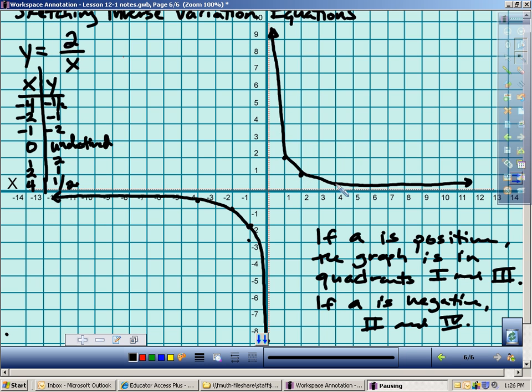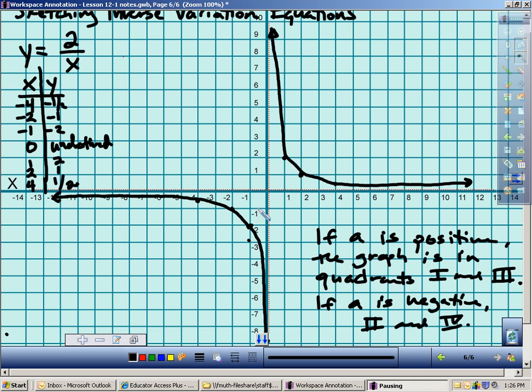Well, when you have an inverse variation equation, which this is, and you sketch it, you're always going to get this type of shape. It kind of looks like an exponential decay, and then this looks like the mirror of that exponential decay, but these are not exponential decay.